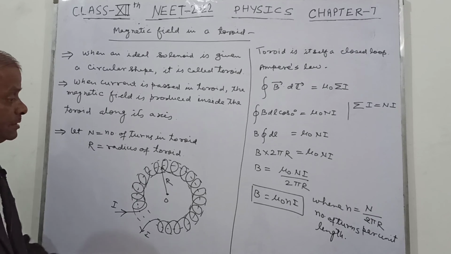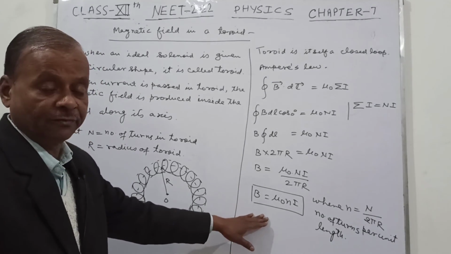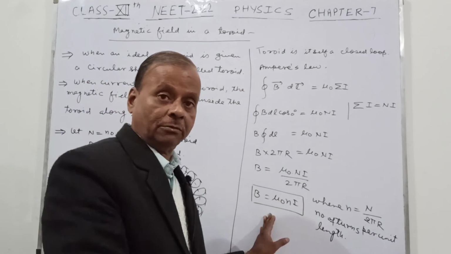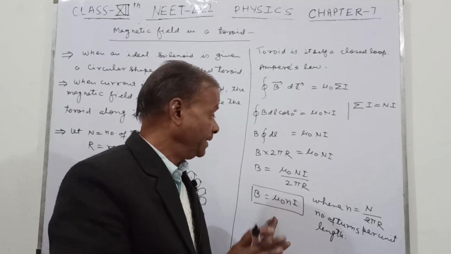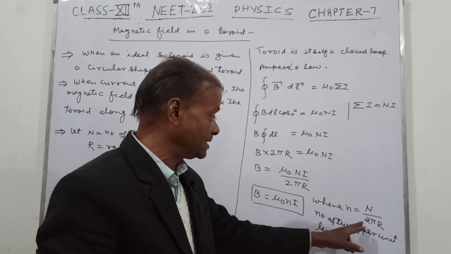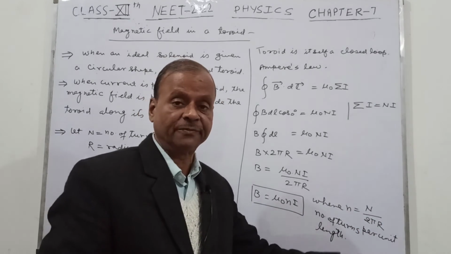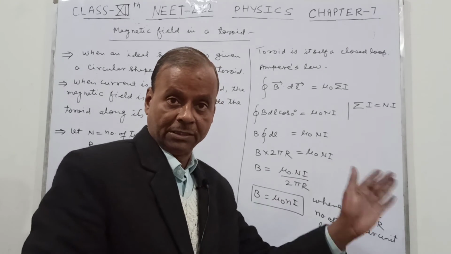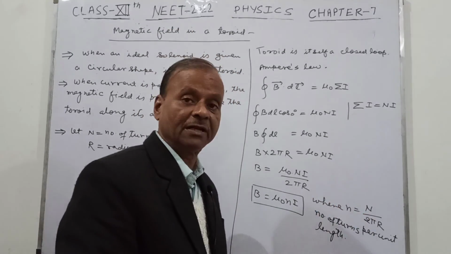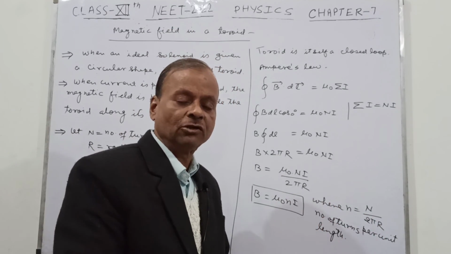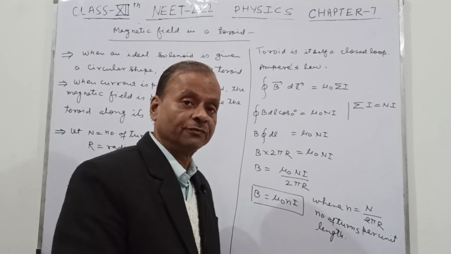So you see that this expression is the same as that of the solenoid, but the number of turns per unit length is different. Here it is N upon 2 pi r, the circumference of the toroid. But in case of the solenoid, it is N upon capital L, the length of the solenoid. So this is the difference.